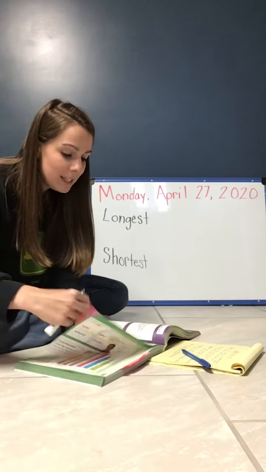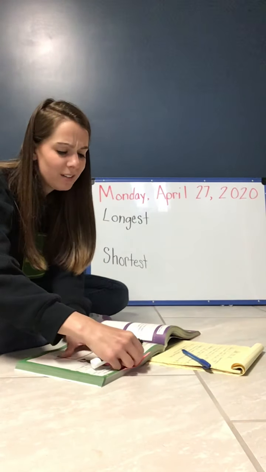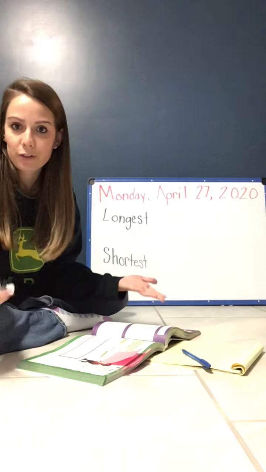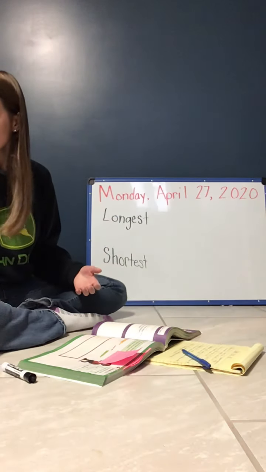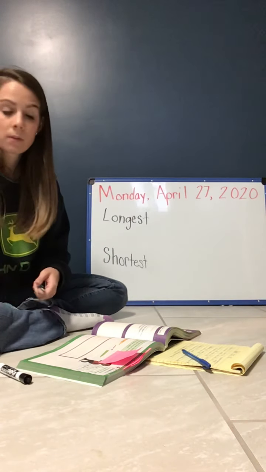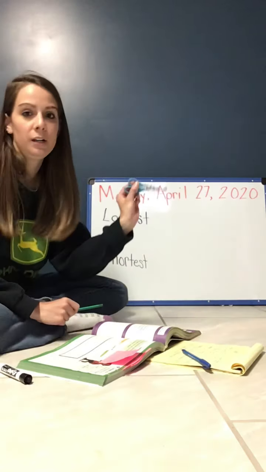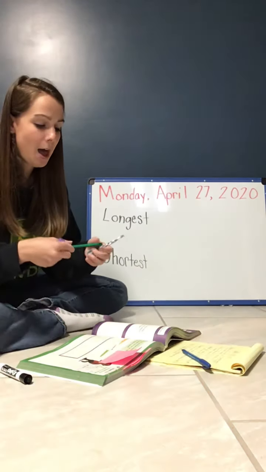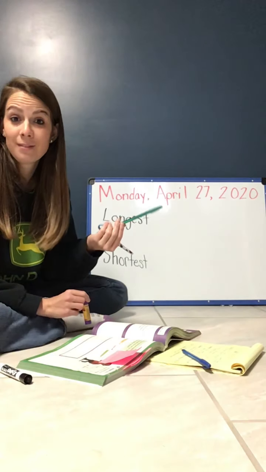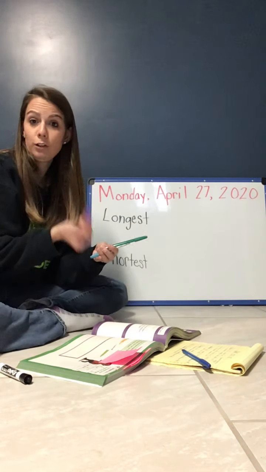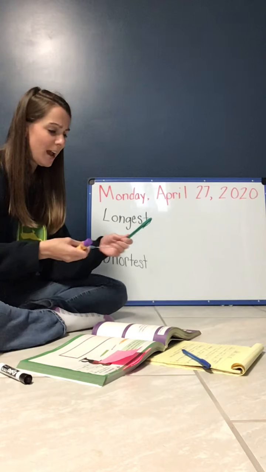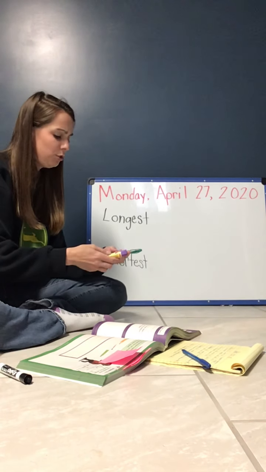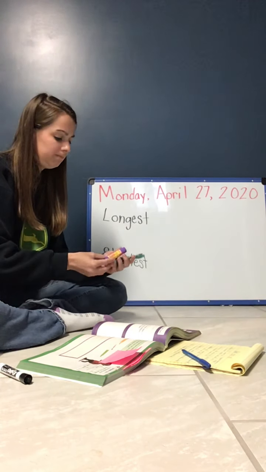And it also says, how can you tell if an object is shorter or longer than something else? So what if I show you some scissors, here they are, an ink pen, and a glue stick. How could I tell what is shorter or longer?